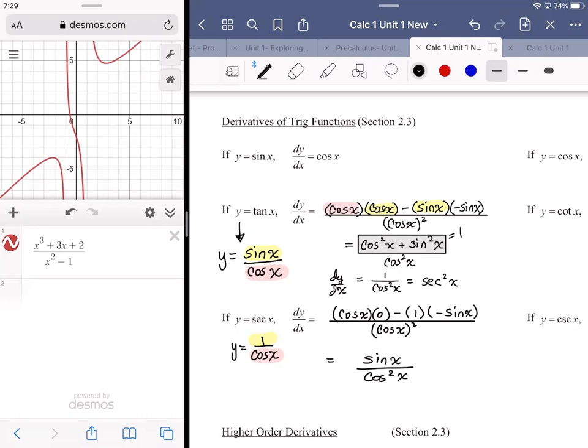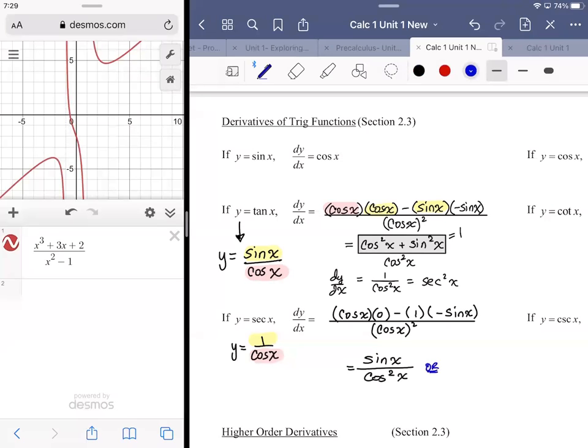So this is actually one variation of the derivative of the secant function. It's not the classic textbook variation, but it's an acceptable variation. It's actually, in a lot of ways, more useful, right? But we could also write it in a slightly different way.